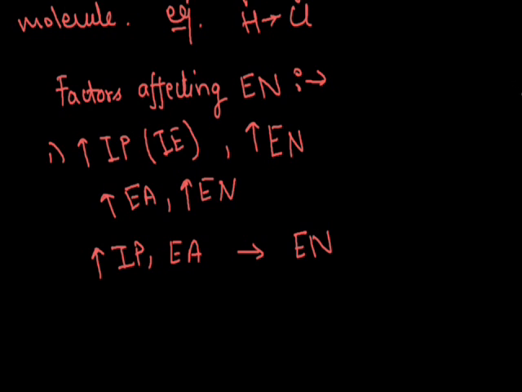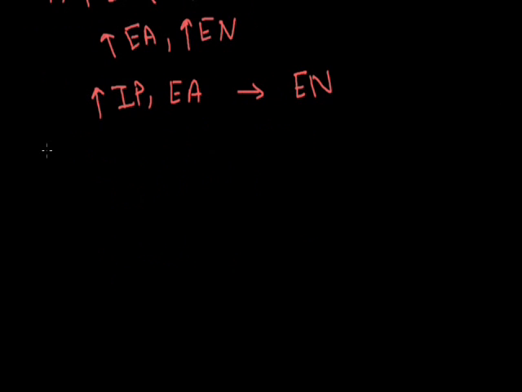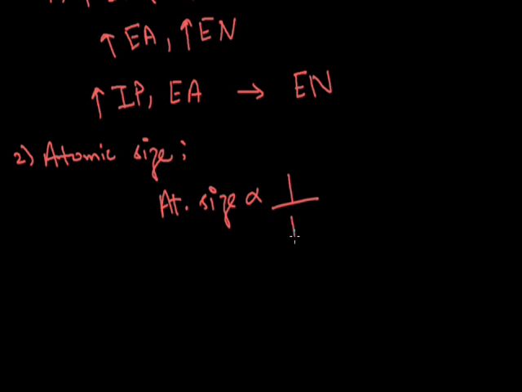Now we can relate electronegativity to atomic size also. You can say atomic size is inversely proportional to electronegativity. Now what does this mean?